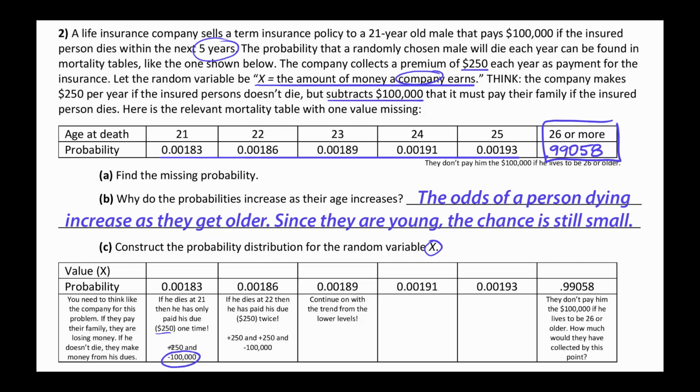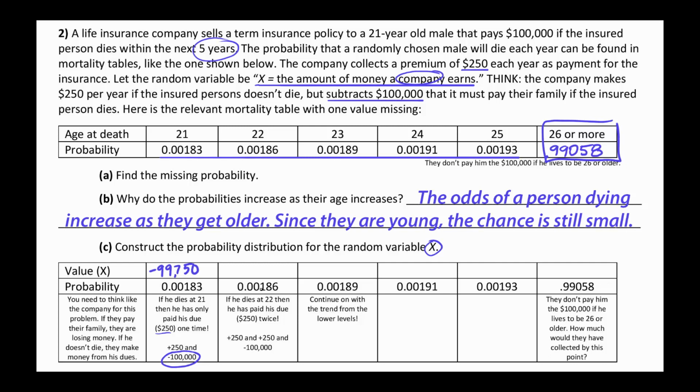So if you take the $250 that they earned and subtract the $100,000 that they had to spend by paying this family, you're going to have a loss of $99,750. So the company is not doing very well if everybody they have dies at the age of 21 and they've only collected $250 from each of them. That's bad because they're losing a lot of money. It is nice though because the odds of people dying that early are pretty small.